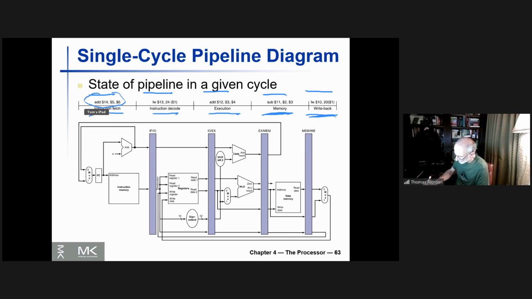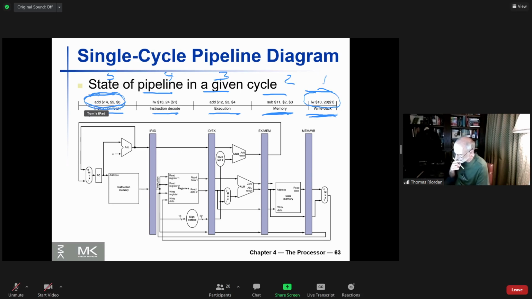So again, we have 5 pipe stages. So there's one instruction that's finishing, and 5 instructions later is one that's just starting.